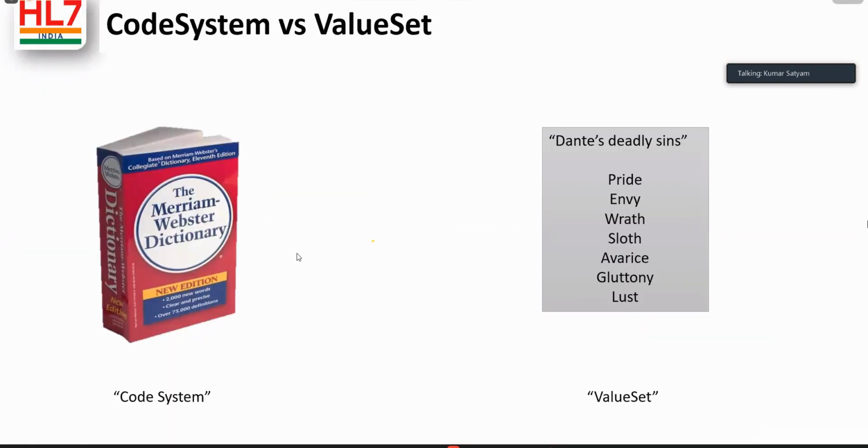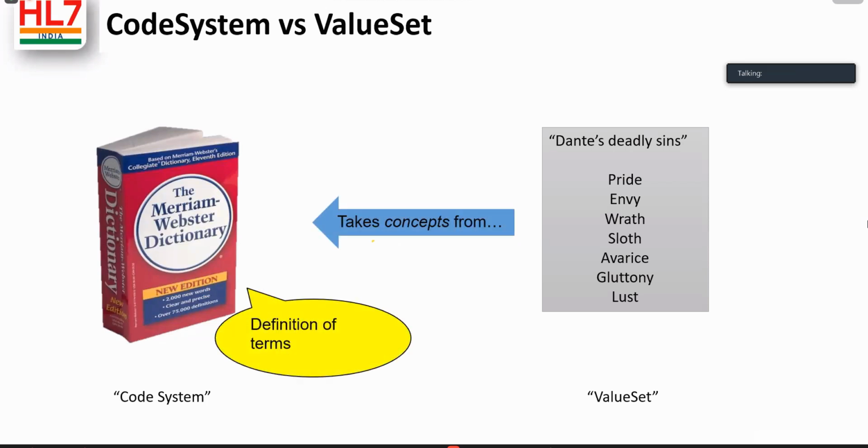A code system is something like a definition of related terms that is defined by an entity. For example, SNOMED CT is a code system that defines a lot of terms. LOINC is a code system. So those are the code systems.